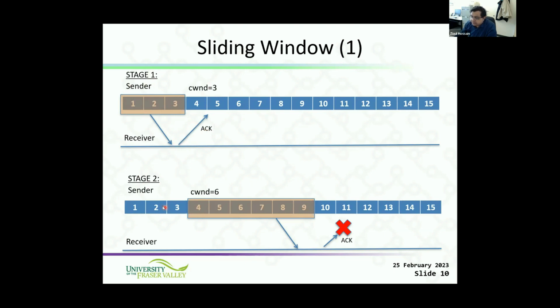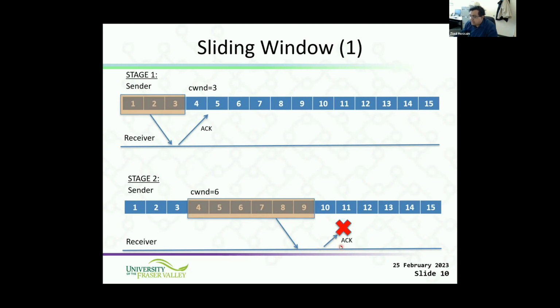Then the sender shifts this window from 4 to 9. So instead of 3 packets, it now sends 6 packets, doubling the size because it got confirmation that the 3 packets arrived. So it doubles the congestion window size and sends the next 6 packets.